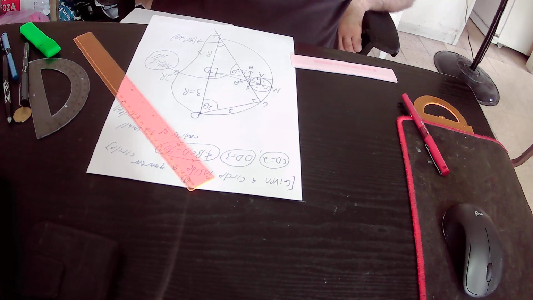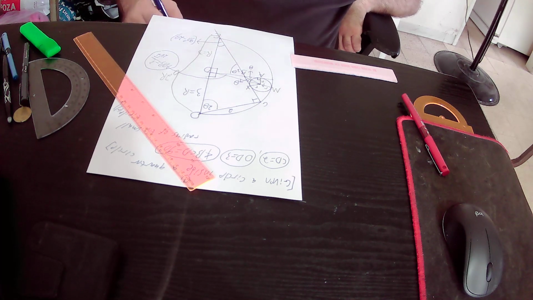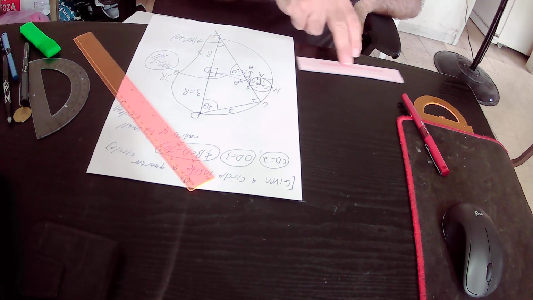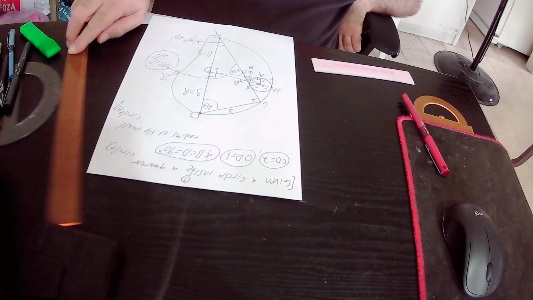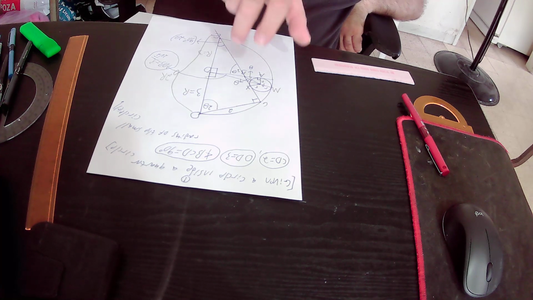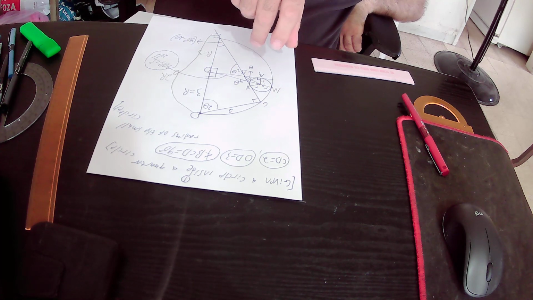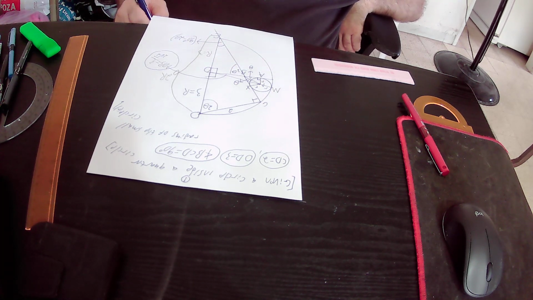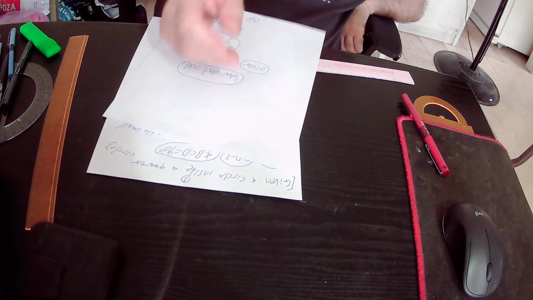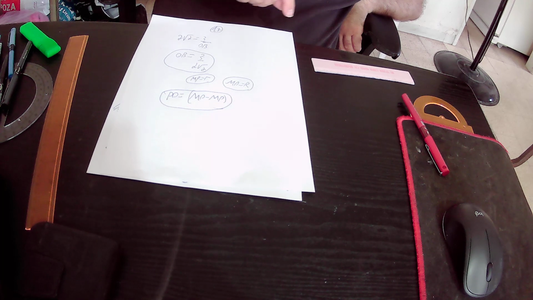And what is the value of PO? PO, the hypotenuse of triangle APO. From the drawing, you can see that PO equals MO minus MP.